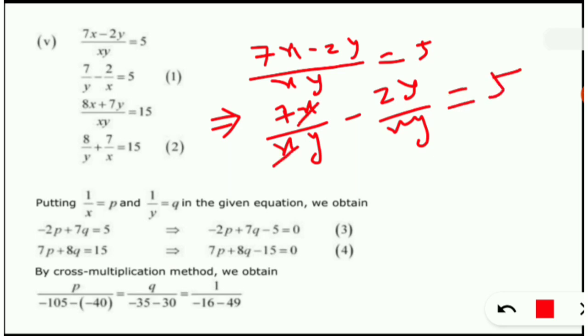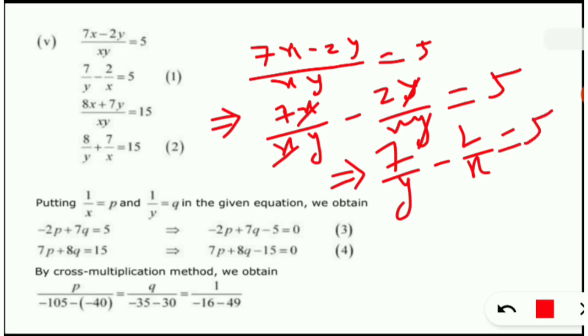Here x cancels and y cancels. So this implies 7 divided by y minus 2 divided by x equals 5. This is equation 1.